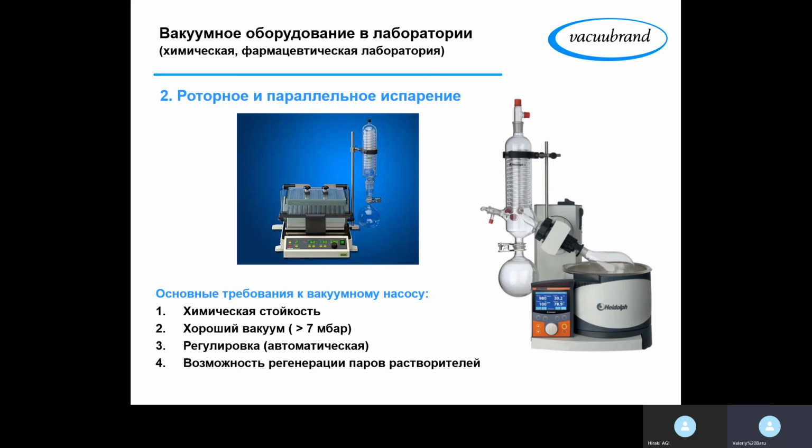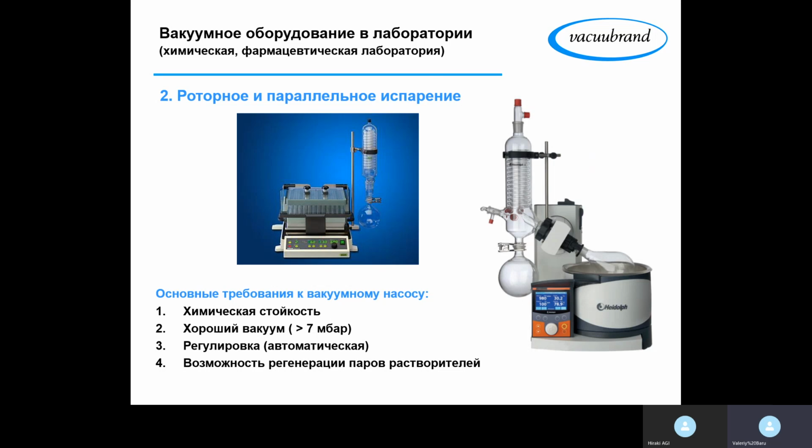You will not be able to go down to 7 millibars in case you are evaporating, for example, ethanol. Why? Because when we start to increase the vacuum level, we are decreasing the pressure.